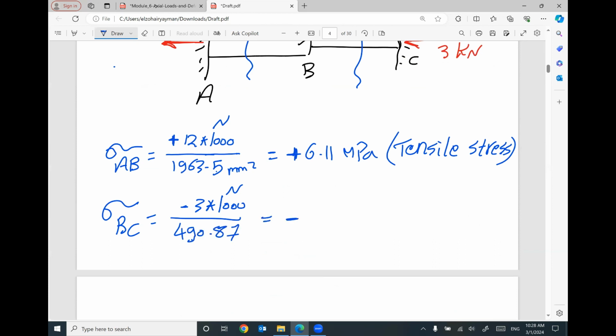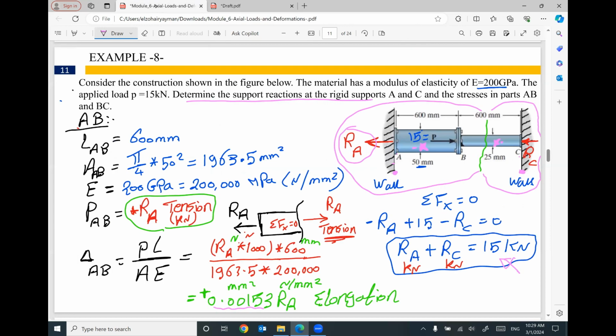So the stress will be negative 3000 divided by 490.87, equal to negative 6.1 megapascal, which is compressive stress. That makes sense? So we figured out what are the reactions and what are the stresses in the two parts.